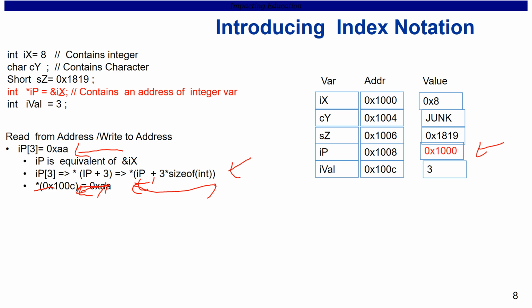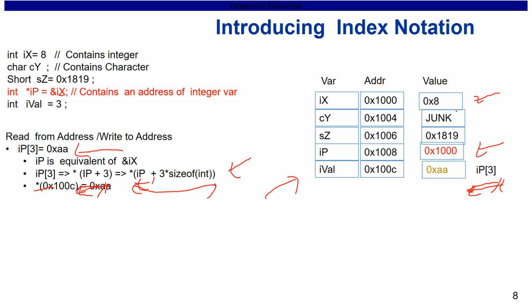So this will go and update 1000 and C. If you take a look at it, when I write to IP of 3, it becomes the third location starting from address 1000. IP of 3 evaluates to this variable, which is ival.